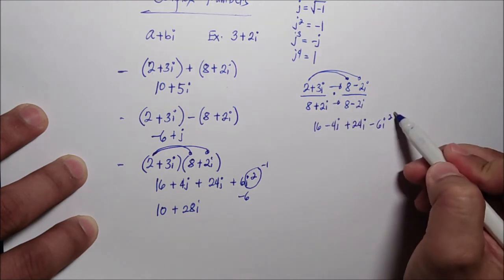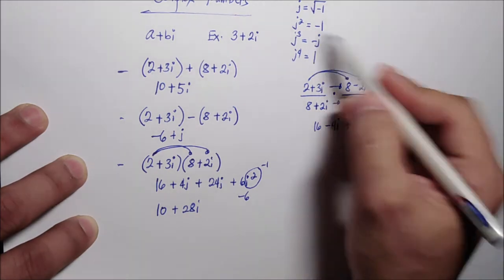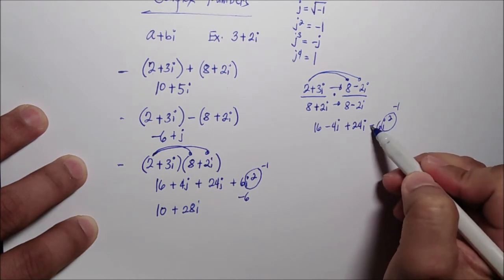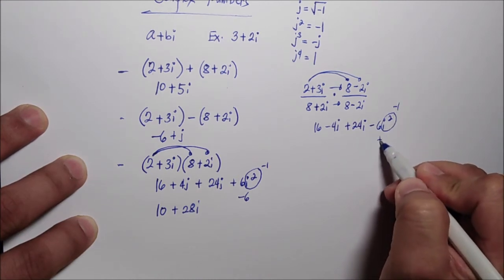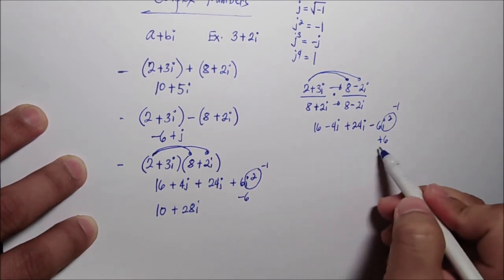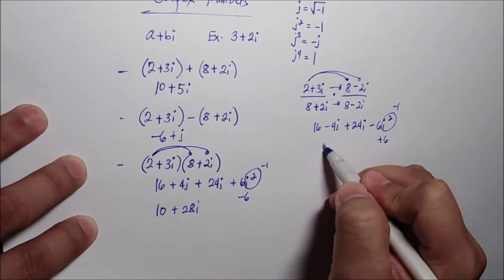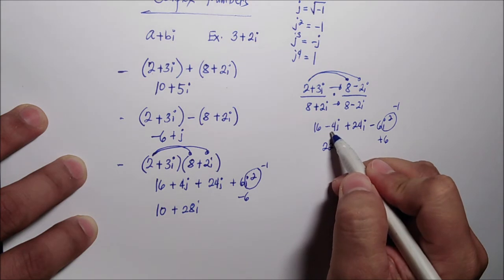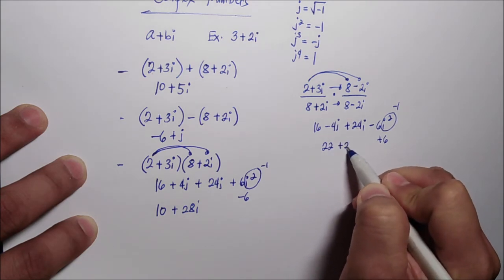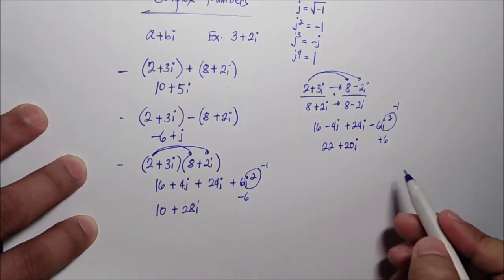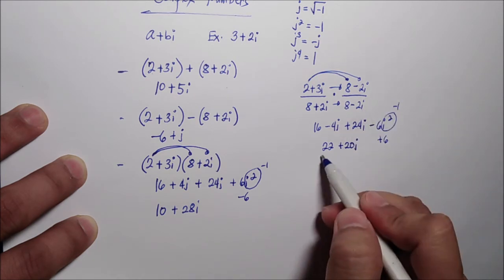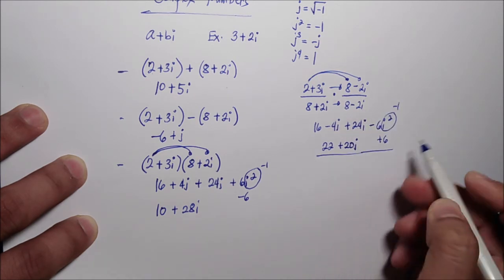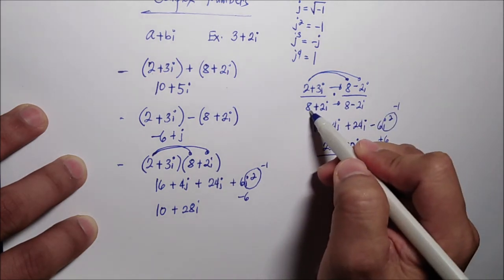And i squared is equivalent to negative 1. So negative 6 times negative 1 becomes positive 6. 16 plus 6 is 22. And then combine 24i and negative 4i, that is plus 20i. That's the numerator.